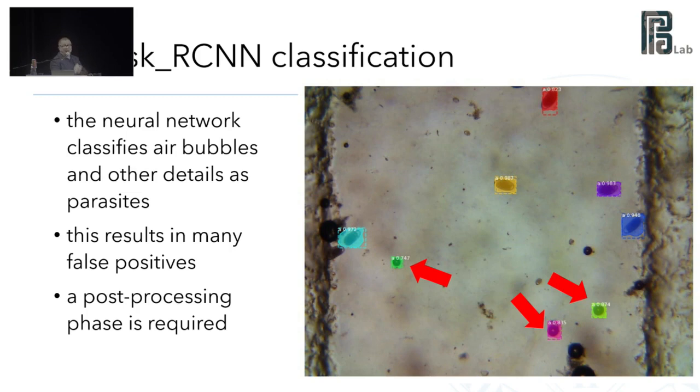We described, in particular, the pattern of each parasite from a geometrical point of view. By using this very simple approach of description, we removed a lot of false positives produced by the network.